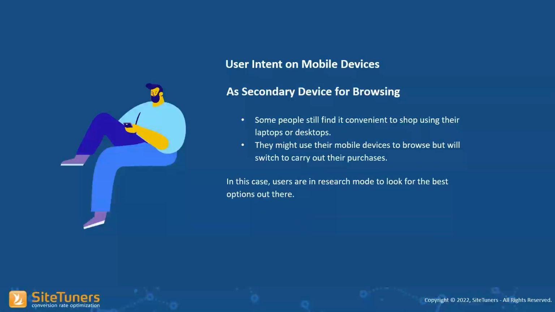Secondary device. There's other people that use it to potentially shop or do something, and then they switch back to a laptop and they go back and forth, right? So, there are two ways of looking at this. Some people could be in front of their TV, they see an ad, they're thinking about something, they're doing some research on their phone, but then they go and buy on their computer. And sometimes the reverse could be true.